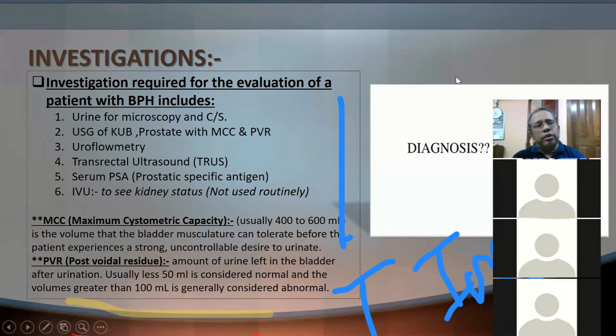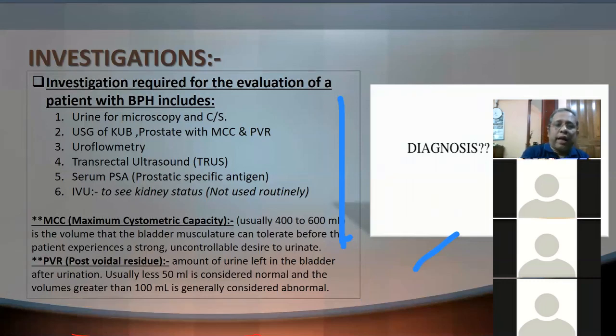Then ultrasonography of the KUB region. In undergraduate exams, they always ask what to write in the requisition paper for a patient with suspected prostatic enlargement. You write in the requisition paper: ultrasonography of KUB region and prostate with MCC and PVR. The terminology is MCC and PVR.